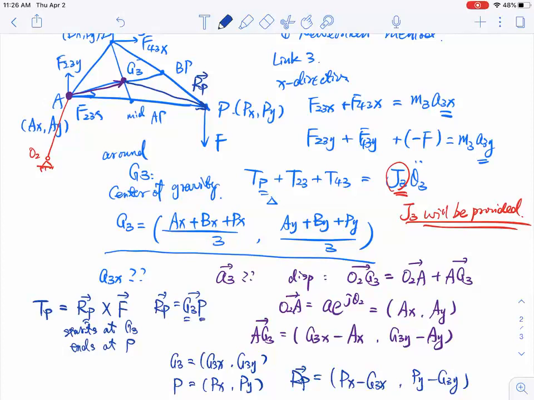So for project 3, you might need to get used to Cartesian coordinates again, because your G3 is not very convenient to describe in a complex domain.